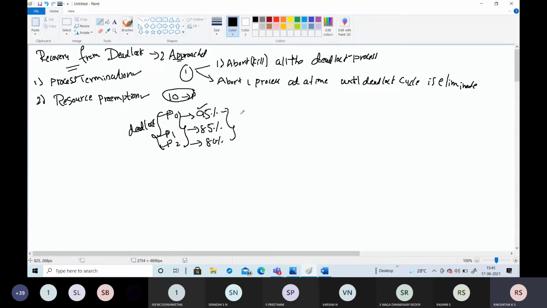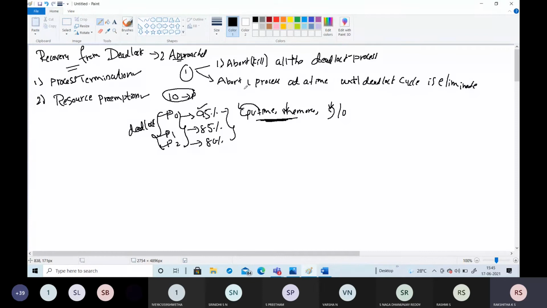These three are utilizing resources: CPU time, CPU utilization, memory, and input output operations. By taking all these resources, they executed the task. So by killing all three processes, the CPU time is wasted, the memory is wasted, and the input output operations are also wasted. That is one disadvantage.